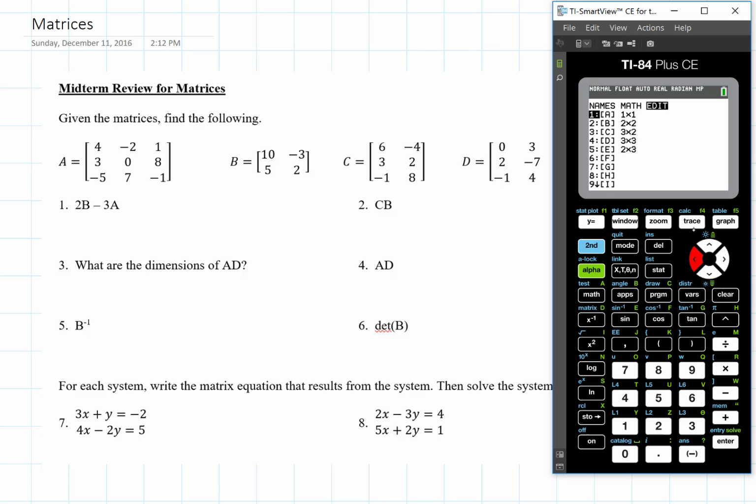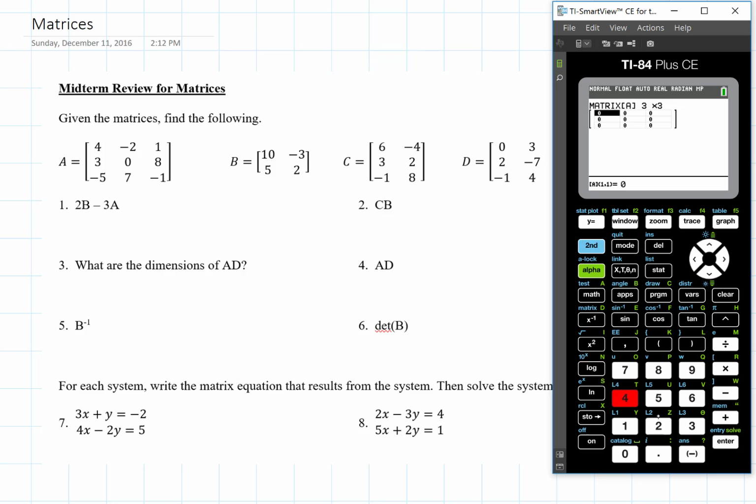So I'm going to move over here to the edit menu. I'm going to edit matrix A by selecting option 1 and first define the dimensions. This matrix is a 3 by 3 matrix, 3 rows by 3 columns.